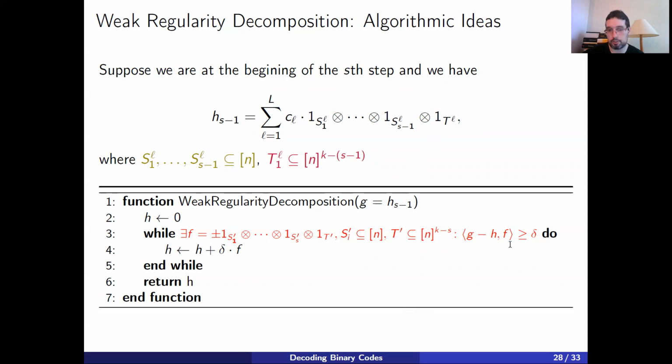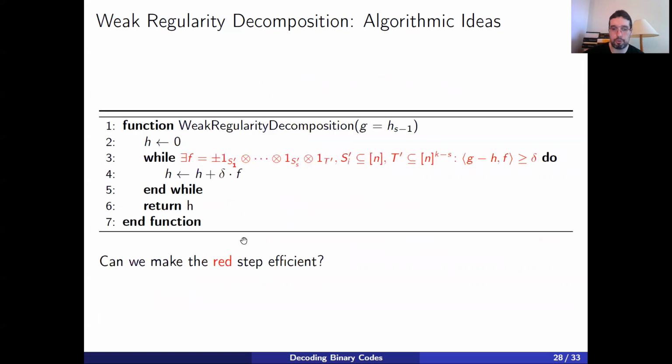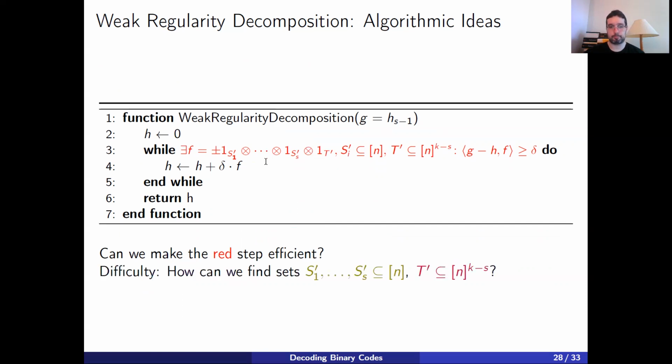And if there is large correlation, then we do the same strategy. But the critical thing is, can we find this function f? Can we make this step efficient at all? That's the crucial thing. And it can be tricky, right? We have many sets to find at once. Why should we be able to find all those sets?